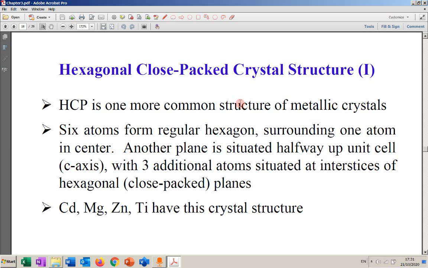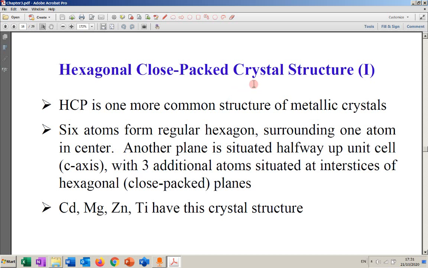If you remember, as a review, we said that we have two terms, crystal system and crystal structure. We said the crystal systems will be cubic, hexagonal, triclinic, orthorhombic. There are others. We call them crystal systems, and those are the way the lattice shape or the unit cell shape will be.